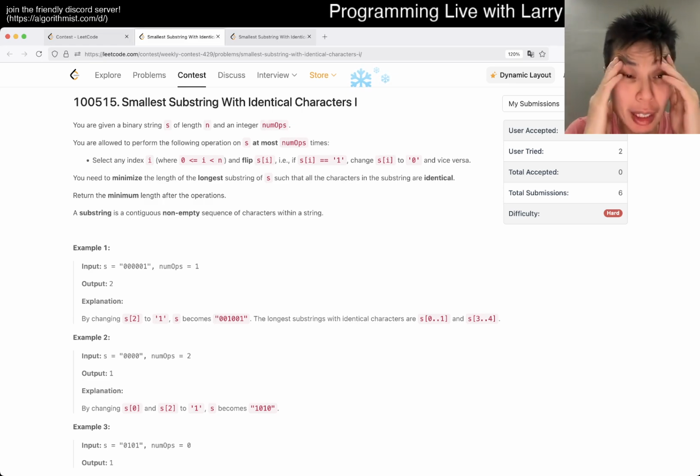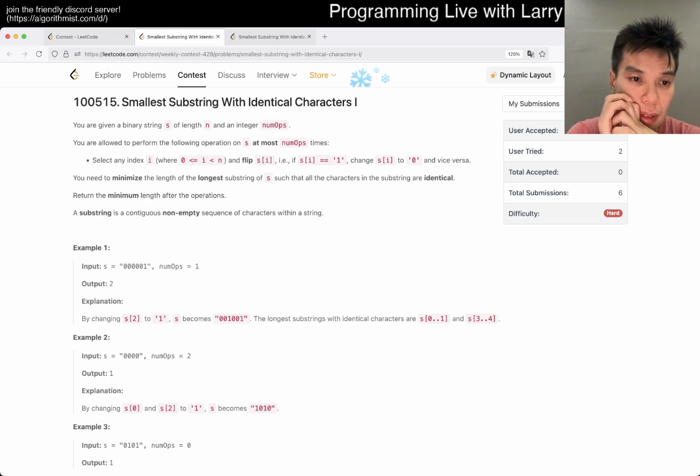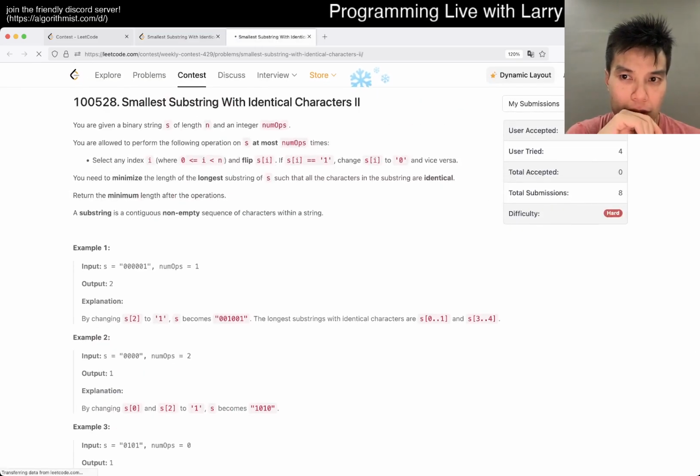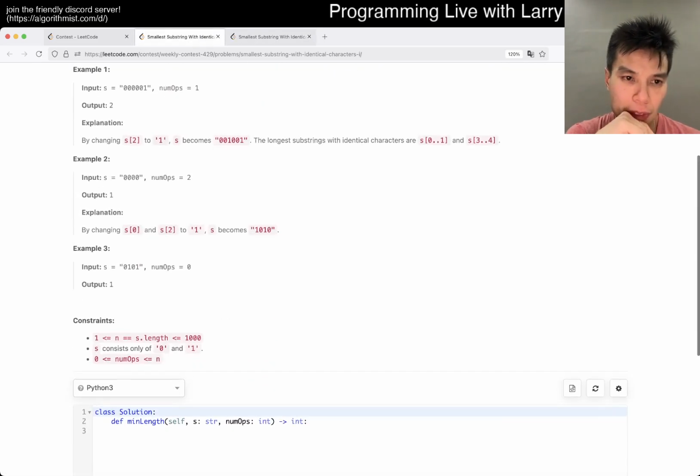Minimize the longest length. Okay, minimize the length of the longest. So you want to break it up. It's just binary search. I feel like with binary search, someone would have gotten it though.